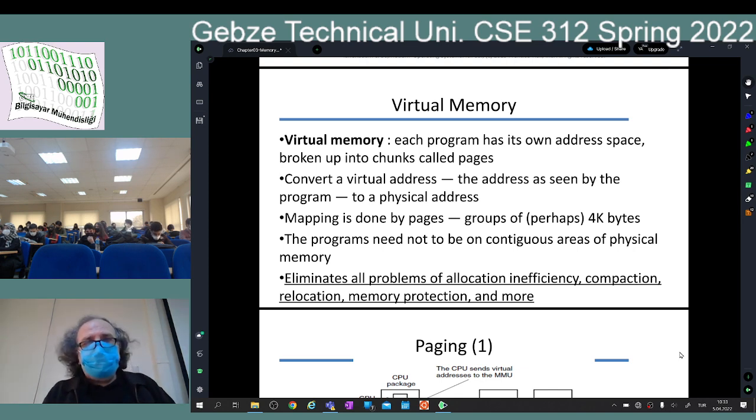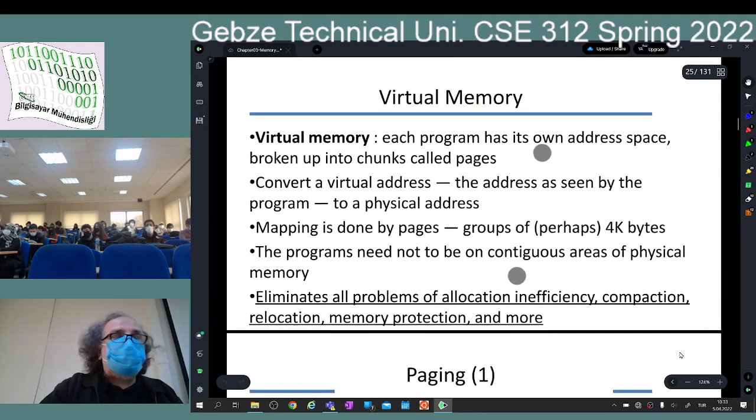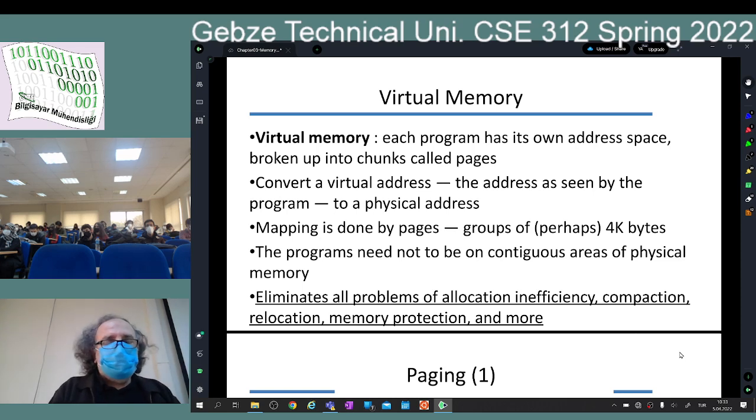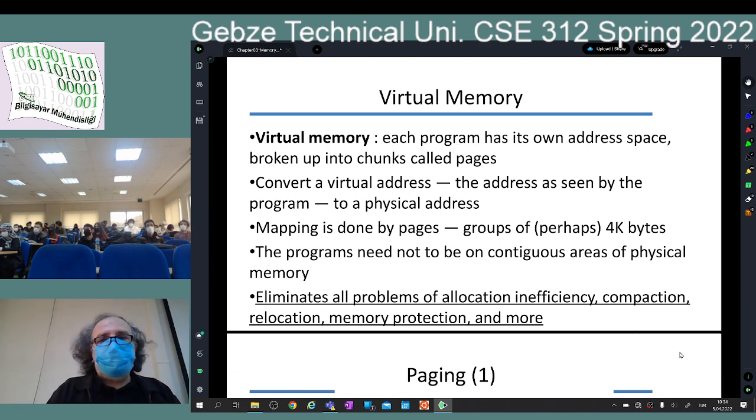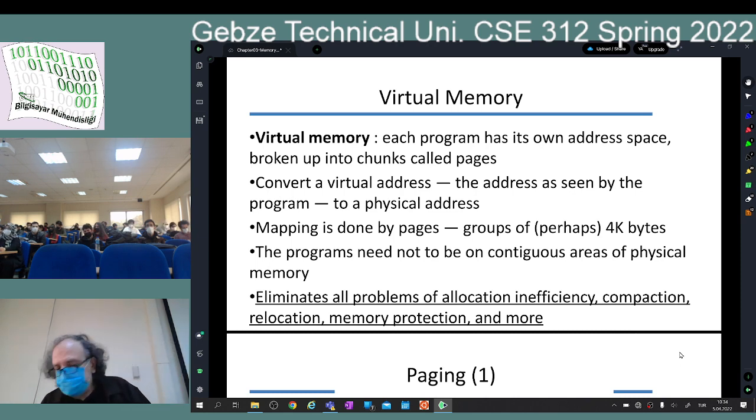Okay, so yesterday we started talking about virtual memory and paging. We said that we will take this idea of base and limit registers one step further, and we are going to let each process think that it has its own address space, and that address space will be broken into chunks called pages, and the program will not know anything actually.